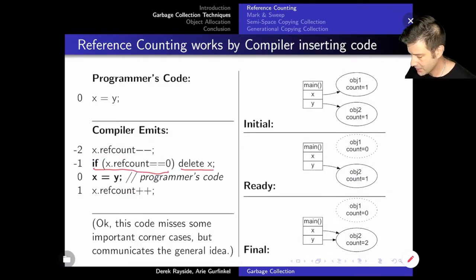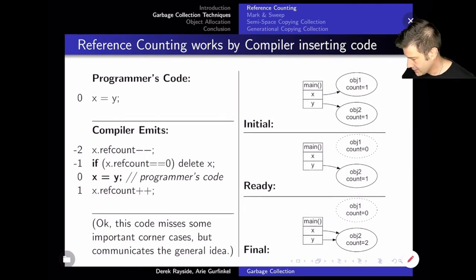And if it is 0, we call something to delete it from memory. After that, we do the actual assignment, copy object y into x. We now know that x points to a new object, and the object now is pointed to by y and by x. So we increment its ref count because there's a new reference now.